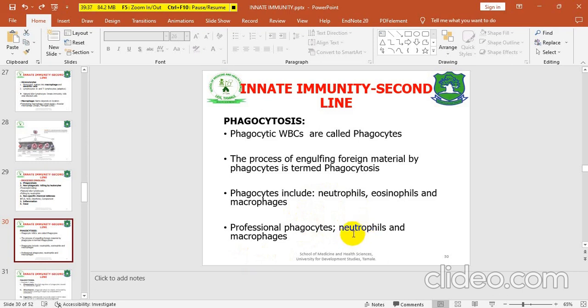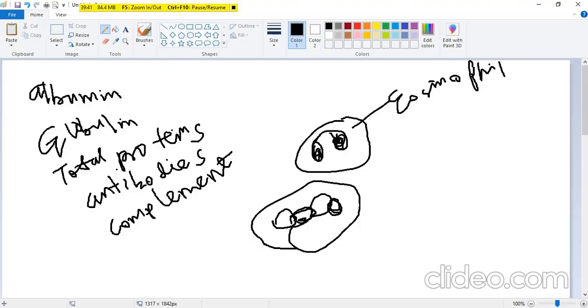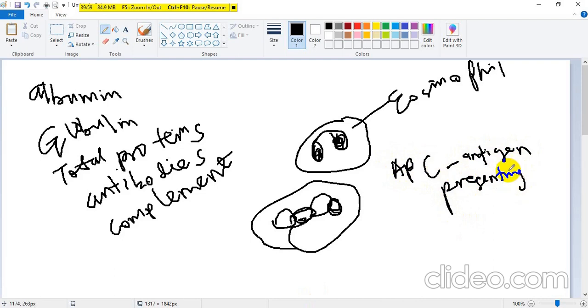They are also called antigen presenting cells, APC. Antigen, I'll teach this one in the next lecture.